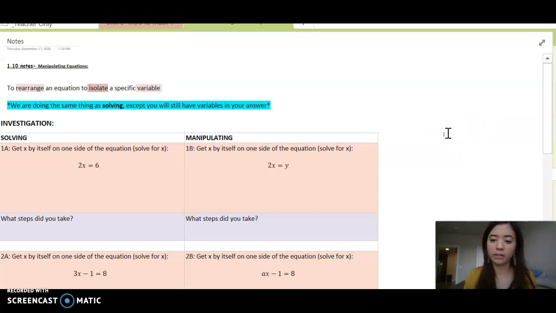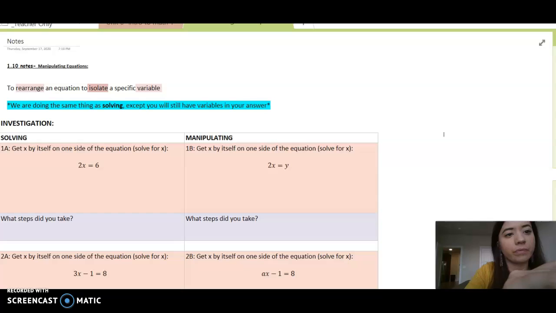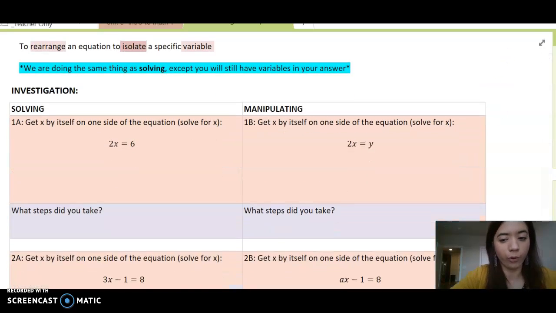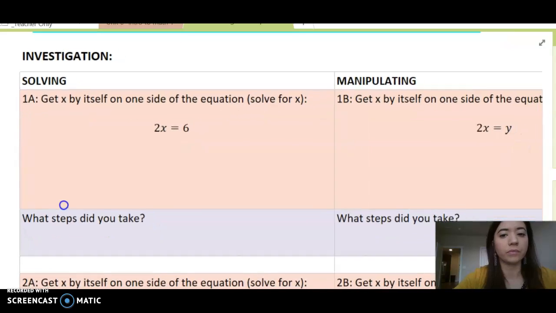So instead of highlighting just isolating the one variable, it's going to tell us a specific one we need to highlight. So we're going to see more than one. Let's go ahead and look at this investigation down here. So literally, we are doing the same thing as solving, except we just have more variables in our answer.